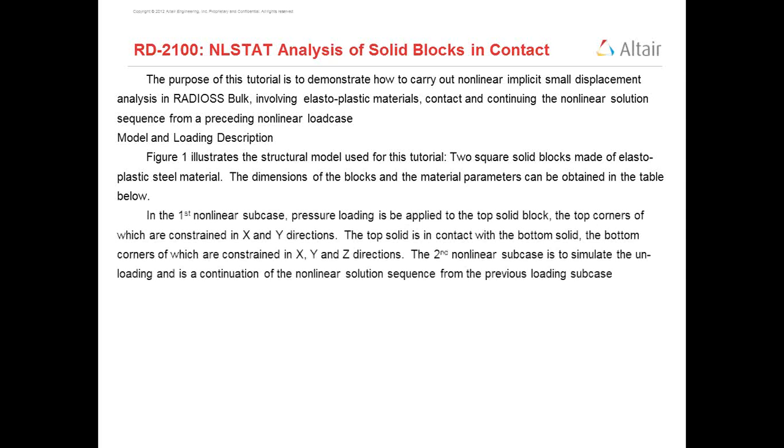In the first nonlinear subcase, pressure loading is applied to the top solid block, the top corners of which are constrained in x-y direction, that is translation along x and translation along y axis, that is DOF 1 and 2. The top solid is in contact with the bottom solid, the bottom corners of which are constrained in xyz direction, that is degree of freedom 1, 2 and 3.